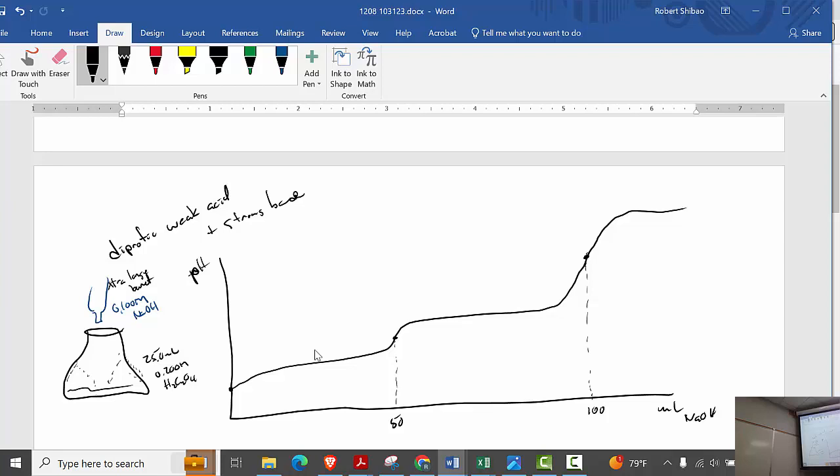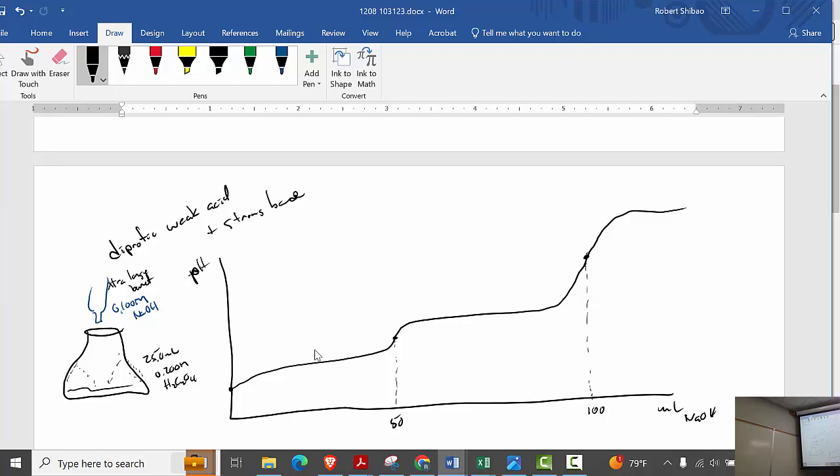All right, so we're going to say this extra large, hypothetical burette here. Now, the interesting thing is this.